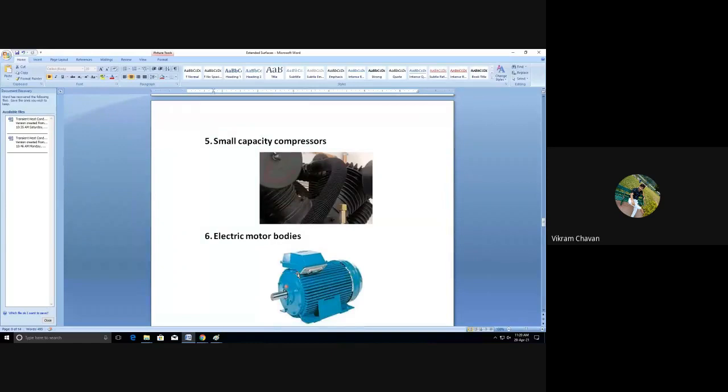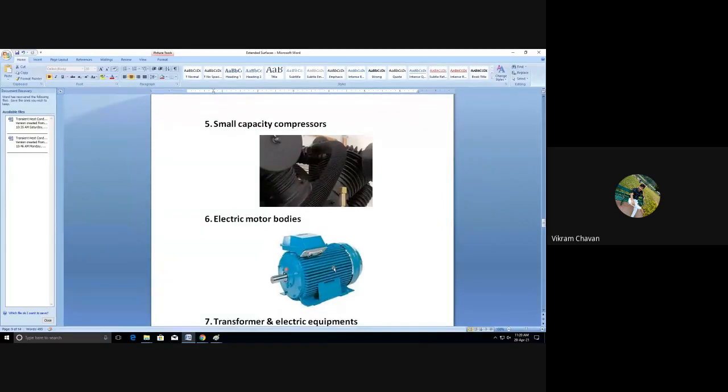Then electric motor, everyone knows the electric motor. Now you can see the fins over the electric motor here. We know that when electric current flows through wires and the wire has some resistance, heat will be generated. In a similar fashion, in the construction of an electric motor, wirings are there, and electric energy is converted into mechanical energy, and some amount of electric energy is also converted into heat energy.